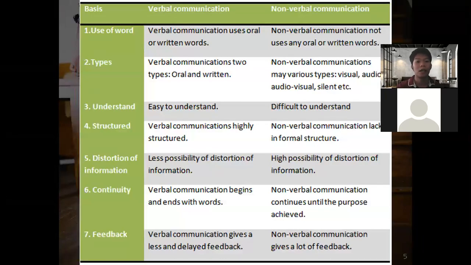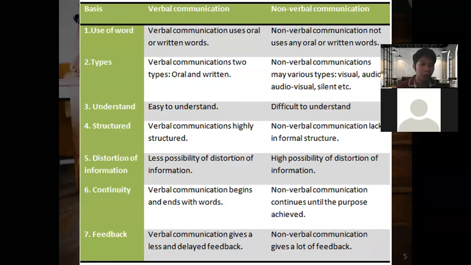Right? So here's the difference between verbal communication and nonverbal communication. In terms of use of words, verbal communication uses oral or written words, while nonverbal communication does not use any oral or written words. So that's the most basic difference between verbal and nonverbal.